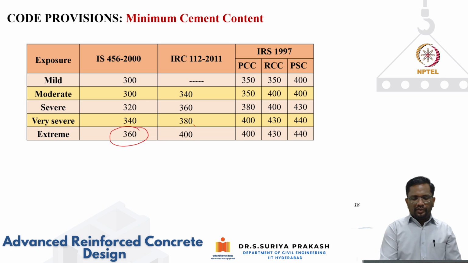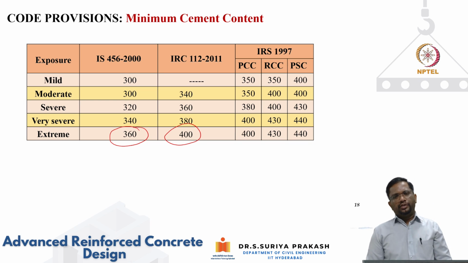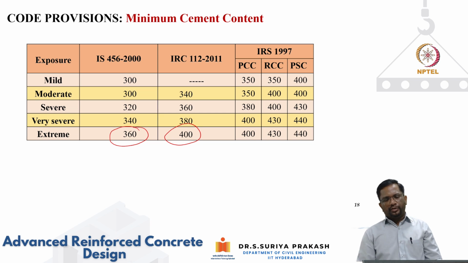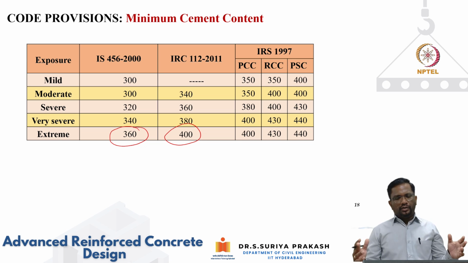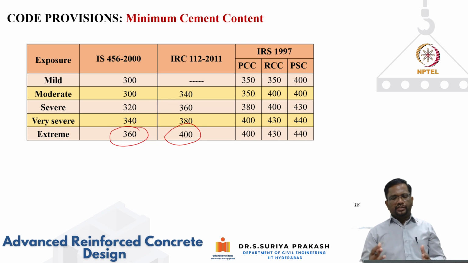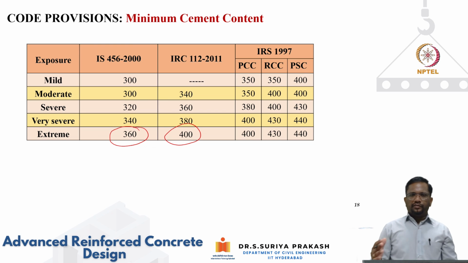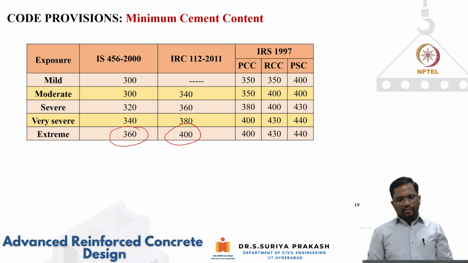However, for bridges, the IRC code is in fact allowing up to 400 kg per meter cube. You can ask me why there is a small difference. Because bridges are long span structures, and mostly they are also pre-stressed. For pre-stressing, we know that we need higher compressive strength.